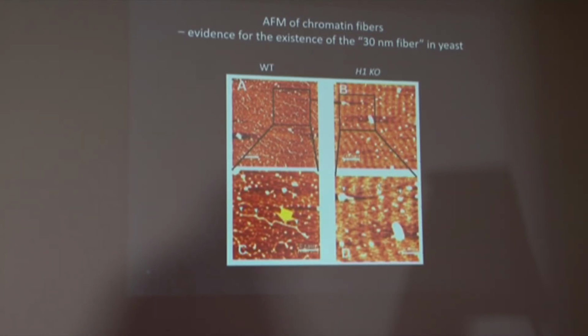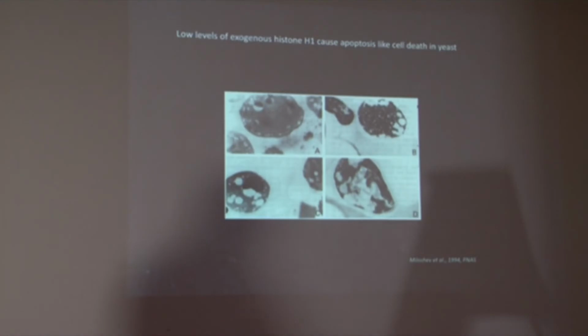Okay, so let me go back to my previous experiments. Here I expressed, a long time ago, a linker histone from sea urchin. Other people expressed different H1 histones in yeast, and they couldn't obtain the same result. One laboratory expressed the same histone in yeast, and they obtained the same results.